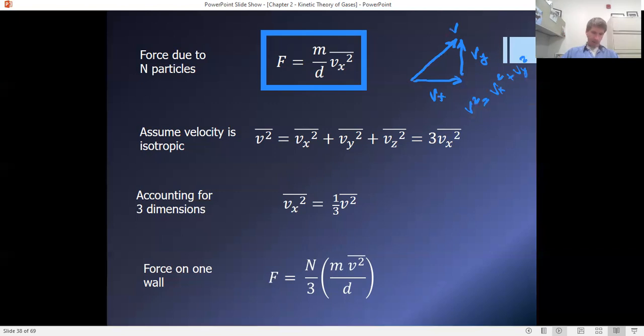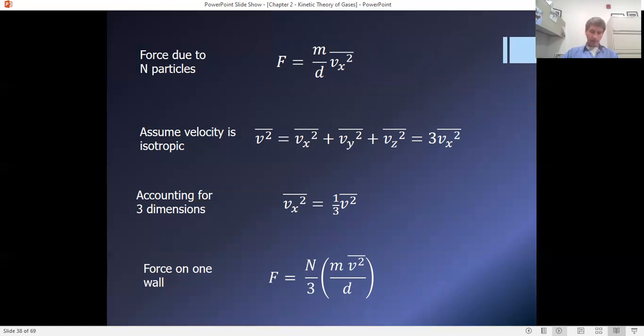If I have a vector in 3 dimensions, x, y, z, let's say I have v, it is going to be, I'm sorry, it's going to be the square root of Vx squared plus Vy squared plus Vz squared.